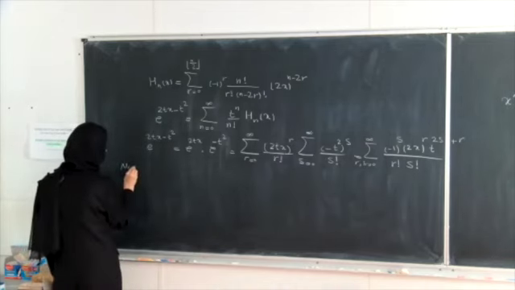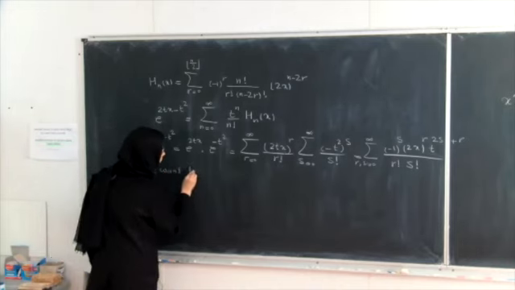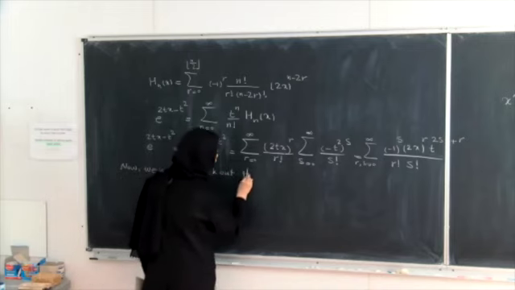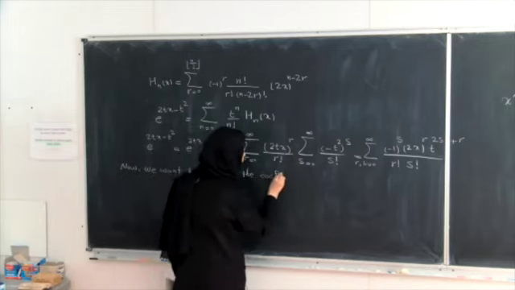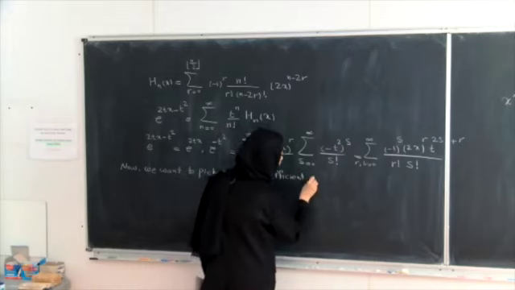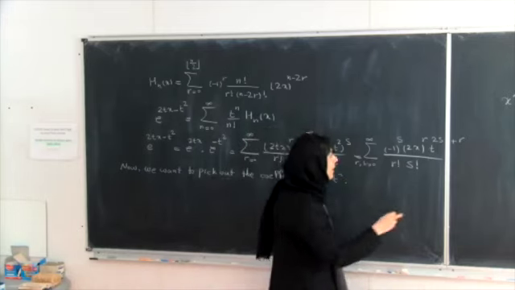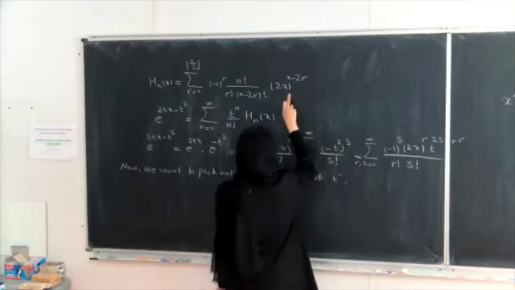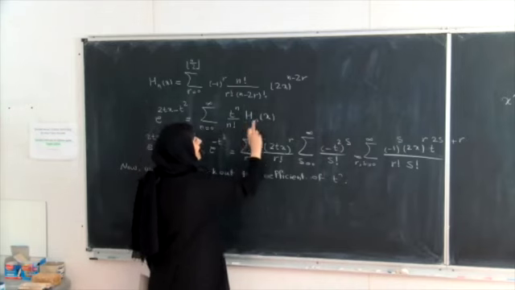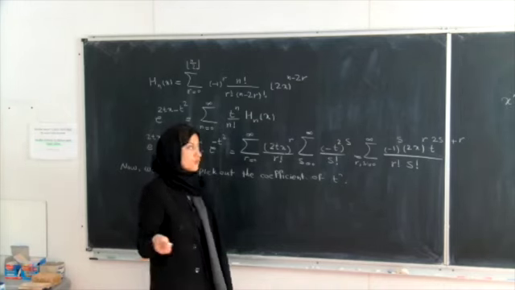Now we want to pick out the coefficient of Tn. I want to know about the coefficient of Tn. The coefficient of Tn should be Hn of x divided by n factorial, and I want to show it to you.